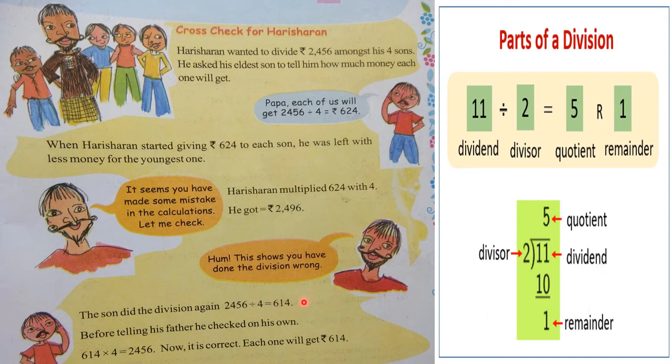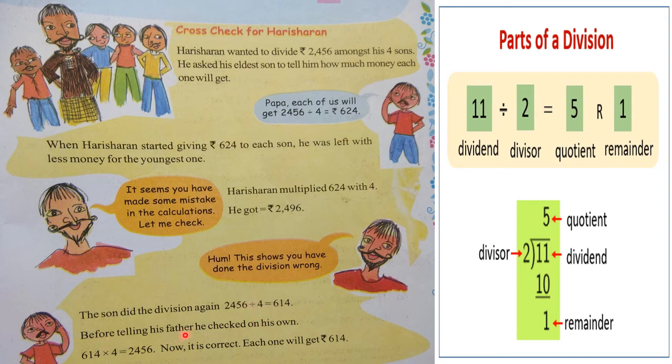Here you can see that the remainder is 0 because remainder is not mentioned here. So how will he cross-check his division? He multiplies the quotient 614 by the divisor 4. So what answer will he get?